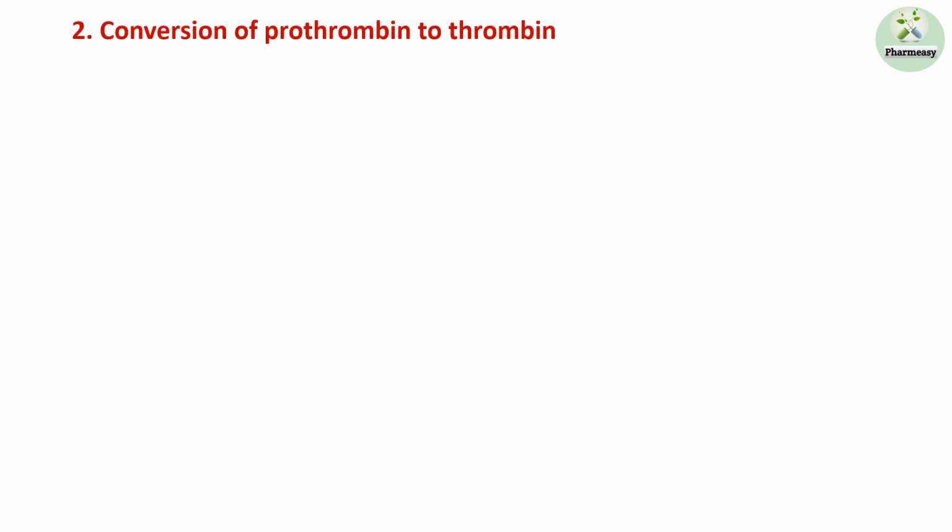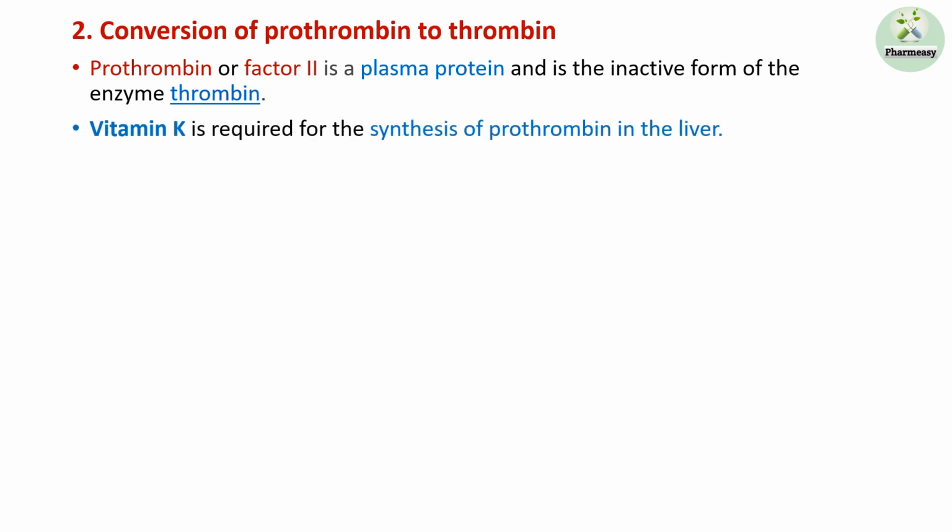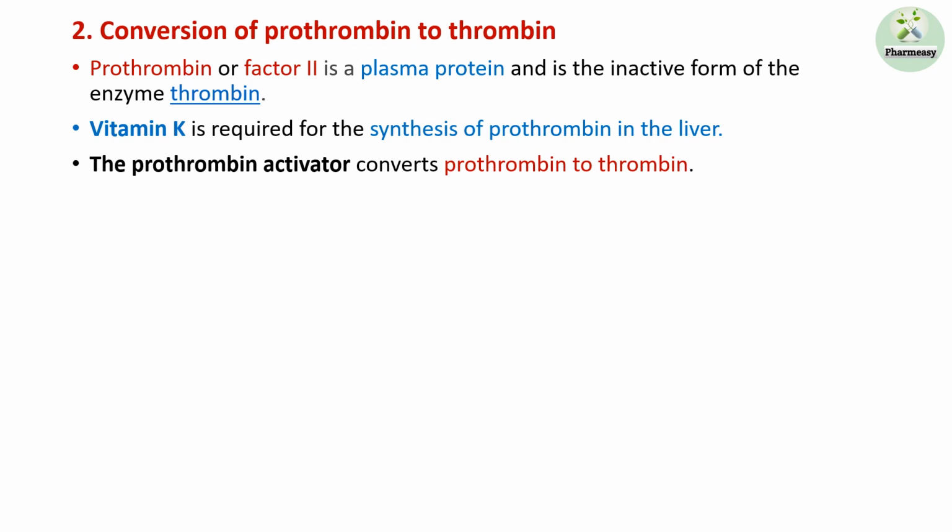Second one is the conversion of prothrombin to thrombin. Prothrombin or factor II is a plasma protein, and it is the inactive form of the enzyme thrombin. And vitamin K is required for the synthesis of prothrombin in the liver. The prothrombin activator converts prothrombin to thrombin.